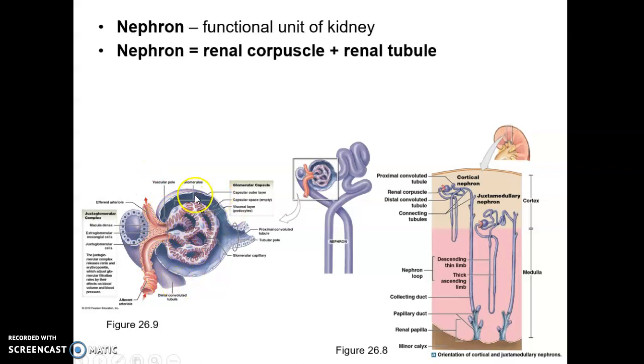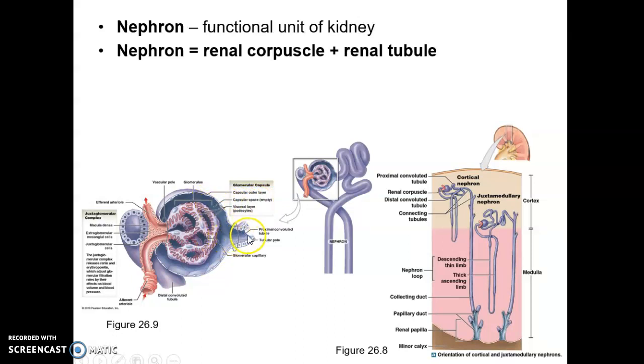In this structure, the renal corpuscle is where the initial filtration of the blood occurs, and then the filtrate drops into this space, the glomerular space, or capsular space.